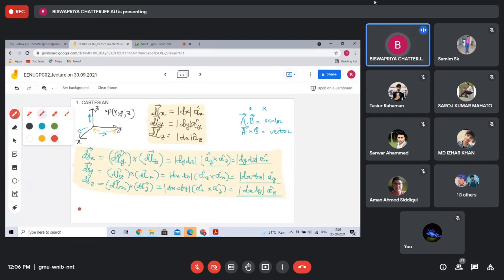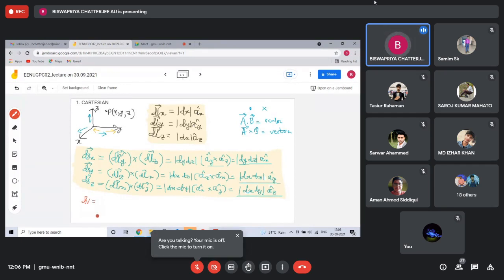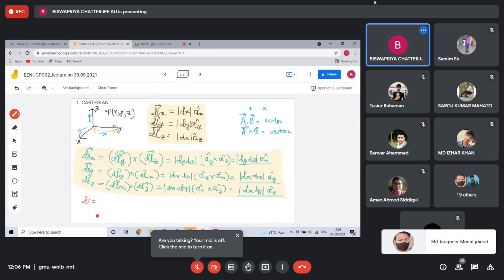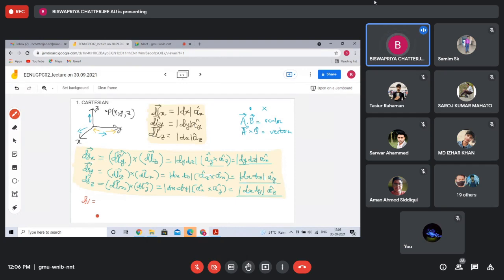And finally we are left with the differential volume element, and it is represented as dv. Now the differential volume element is again a small differential volume, but volume is generated by three variables.